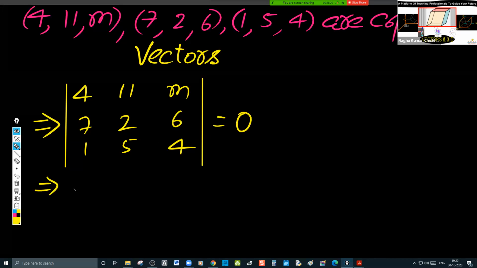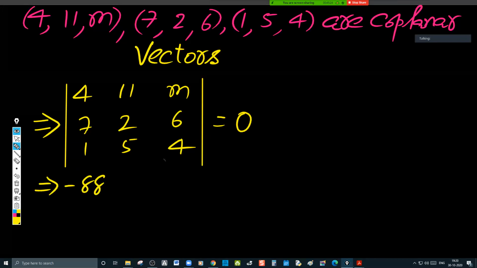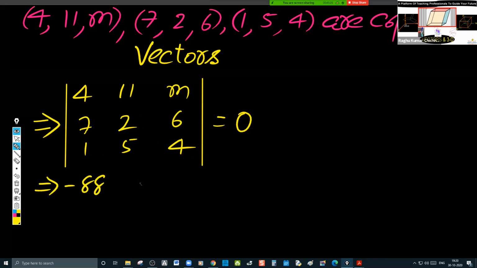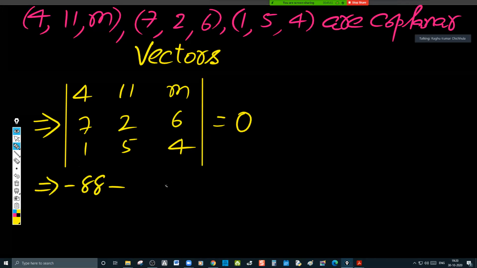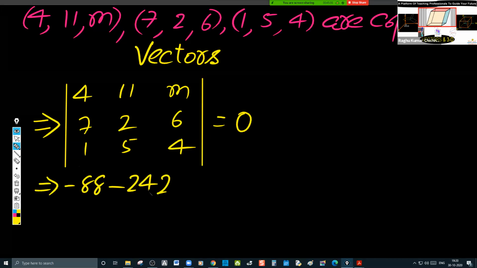So 4 into minus 22 is minus 88. I'm writing 88. 6 minus 28, minus 22, into 11. Minus 11 into 21 minus 6, that is 15. And similarly, 35 minus 2, that is 33.